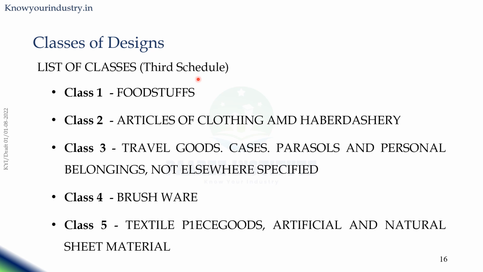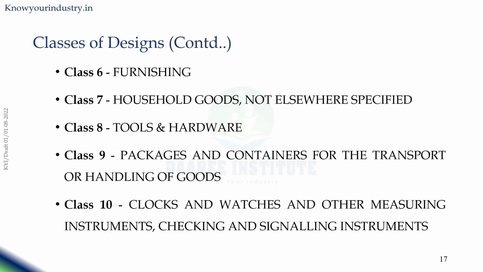Third schedule of Design Act lists out various classes. The present slide shows from class number 1 to class 5. Before filing an application for registration of design, we need to find under which class our designs are coming. So those class number details should be given in the application. The present slide shows from class number 6 to class number 10.